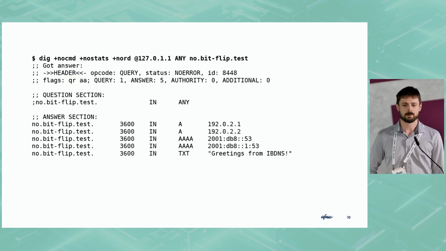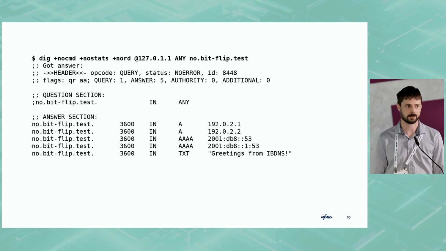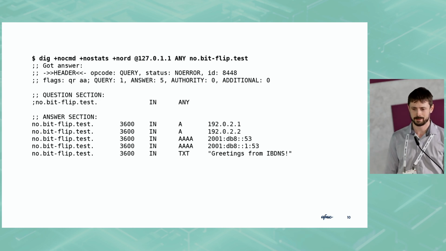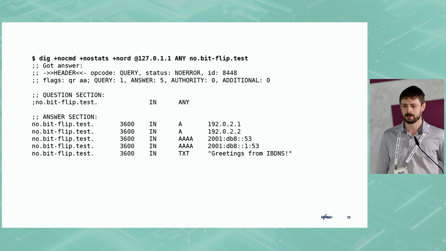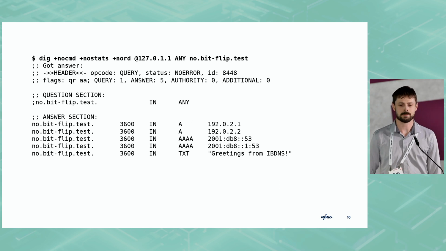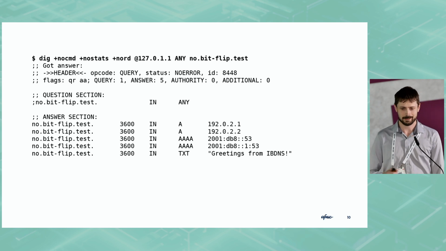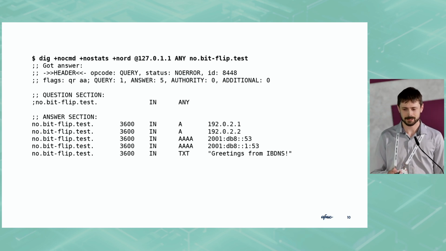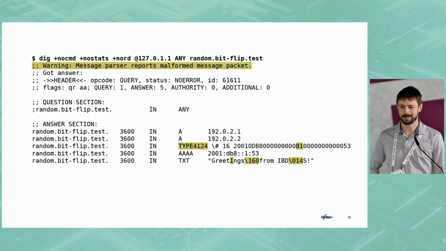Now, let's move on to something a bit nastier. One of the things I implemented in IBDNS is random bit flipping. So in a way, it's kind of fuzz testing. So here I've configured a few resource records, and if I enable random bit flipping on these, you'll see how these can get corrupted.